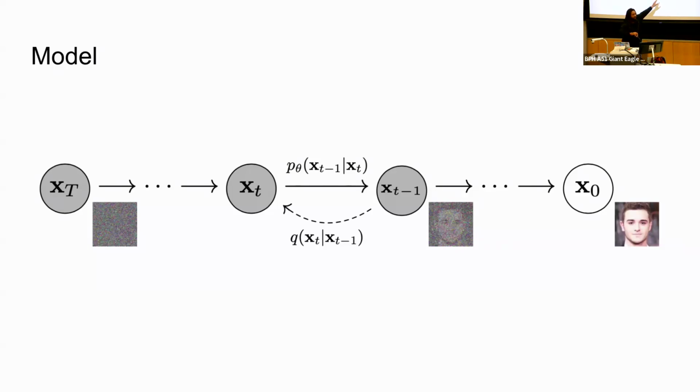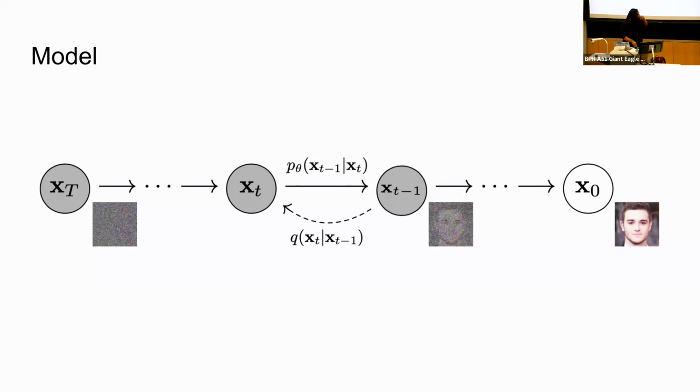And so we're doing all of that. We're taking all these steps until we get to pure Gaussian noise. So you really can't see anything here, all right? And then in our backward process, or our reverse process, what we're trying to do is learn a neural network that'll take us from that pure noise back to our original picture, or back to the distribution of our original pictures, because we're still sampling at the end of the day.